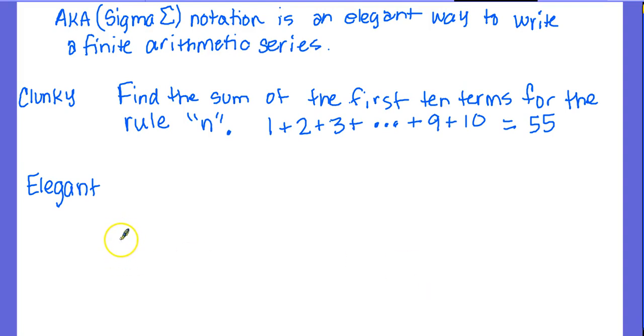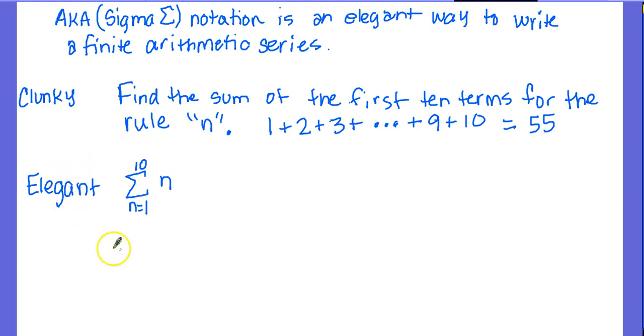The more elegant version looks like this. Sigma, which says the summation of the index starting at 1 and stopping at 10 for the argument n. These two statements say the same thing.